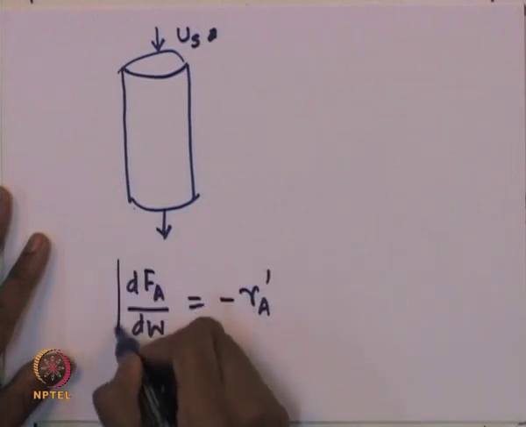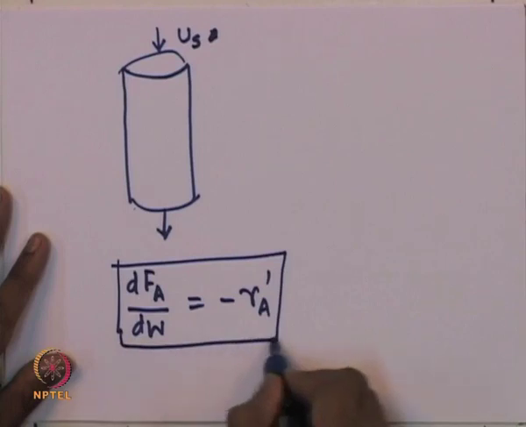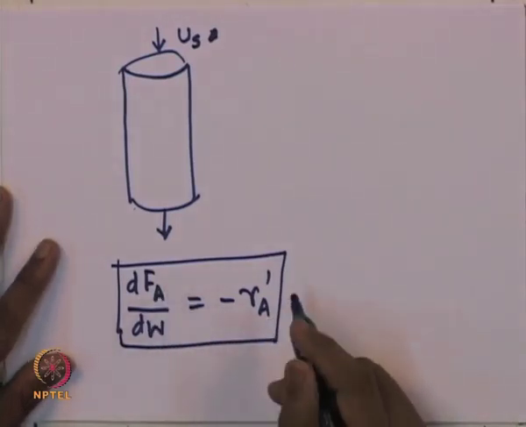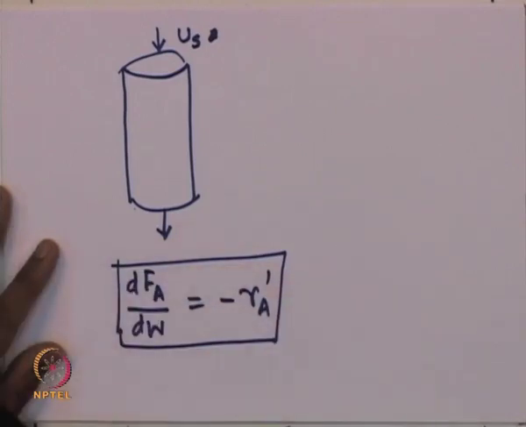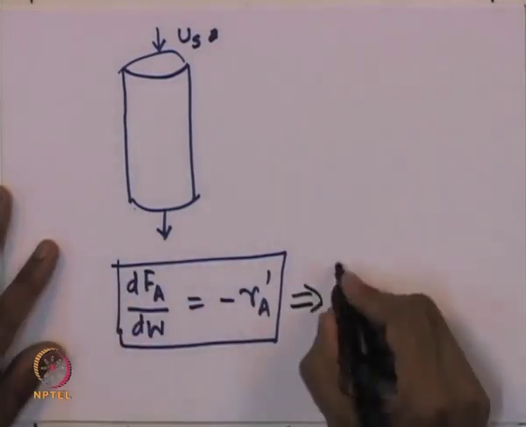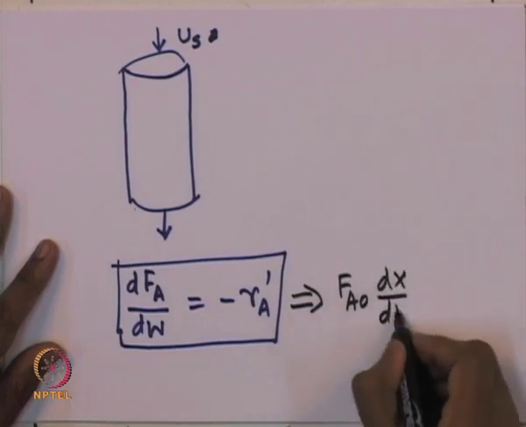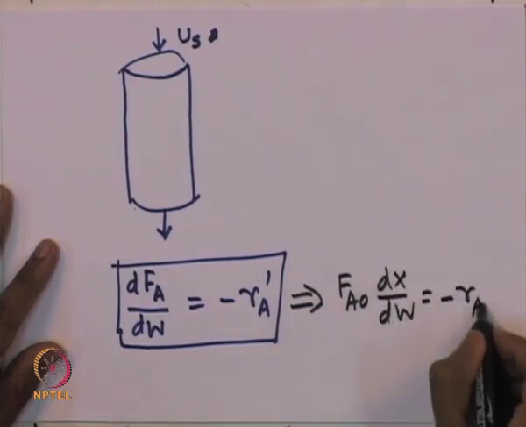This molar balance captures the dependence of the molar flow rate on the weight of the catalyst, and so it can be rewritten as F_A0 dX/dW = -r_A'.